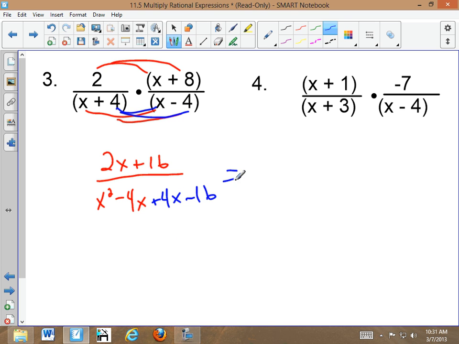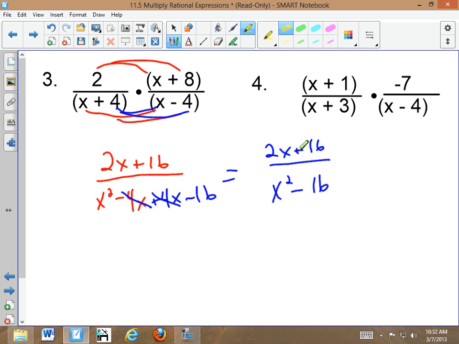Okay, that equals 2x plus 16 over x squared minus 16. Negative 4x plus 4x, these cancel. They're both in the numerator, that's why you can simplify them. Now, 16 over 16, this is not 1 because I have a plus sign.